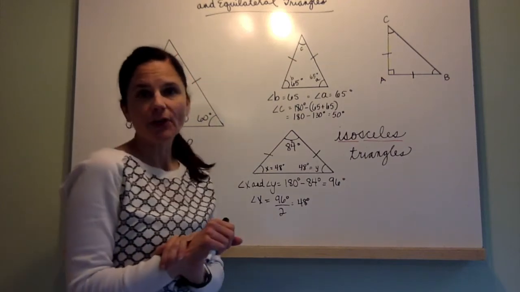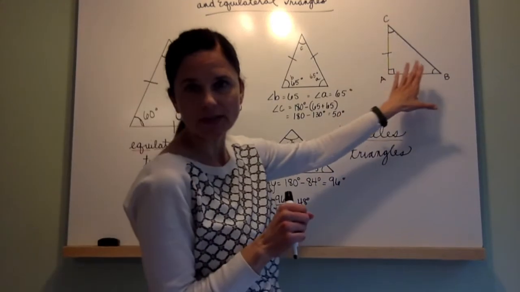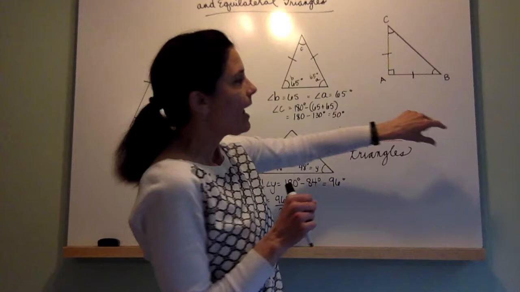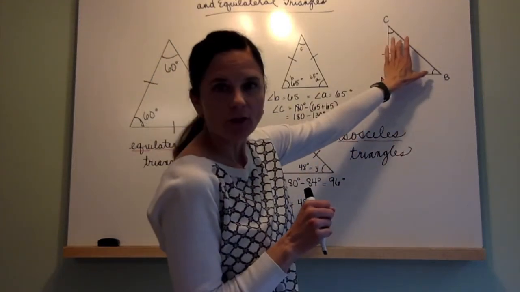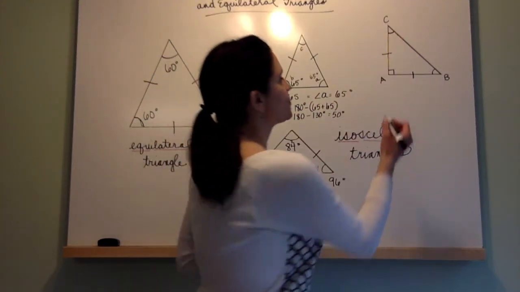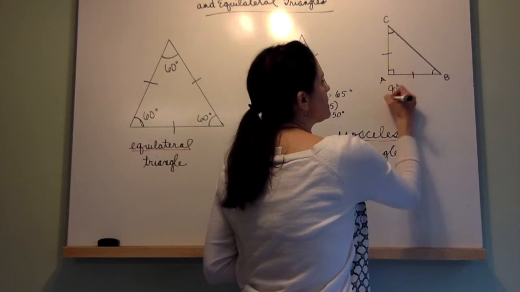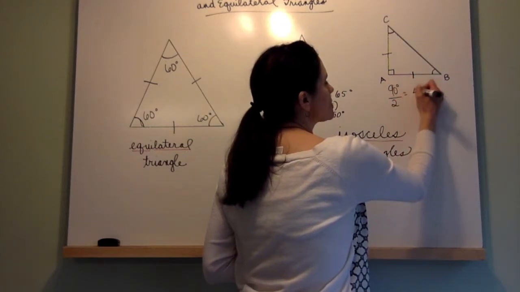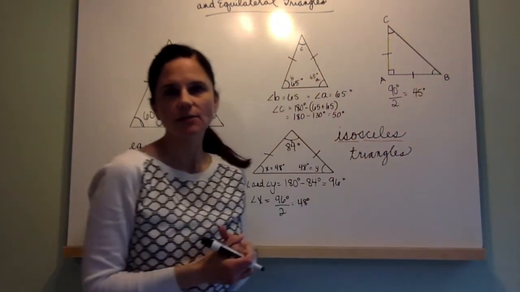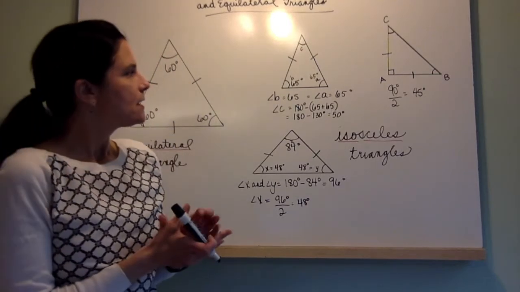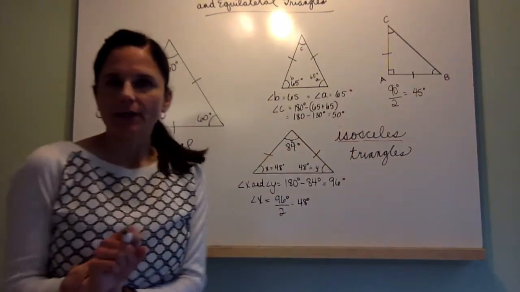So it's pretty simple here to determine these angles. If this is an isosceles right triangle, I know that these two angles are merely equal to 90 degrees divided by 2, which is 45 degrees, because those angles are equal. So each of those are 45 degrees.